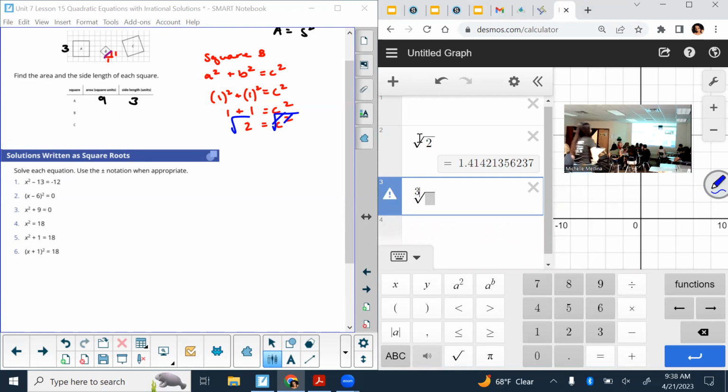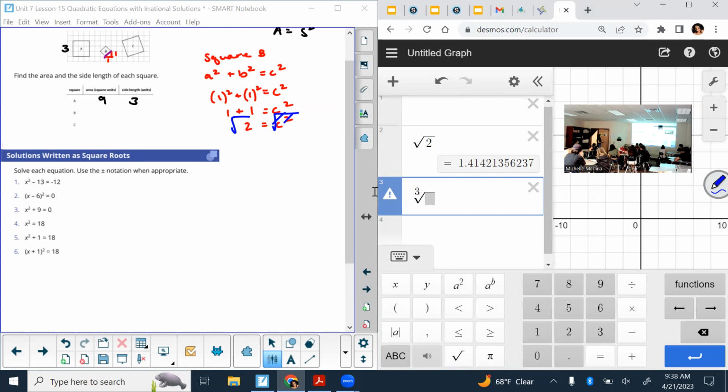Right, so no one knows. It's also on the note sheet, it would have been at the very top. If there's no little number written there, if there's no index, the index is what? 2. That's why when there's no number written there, it's a square root symbol. If there was a little 3 written there, then it's a cube root and so forth.